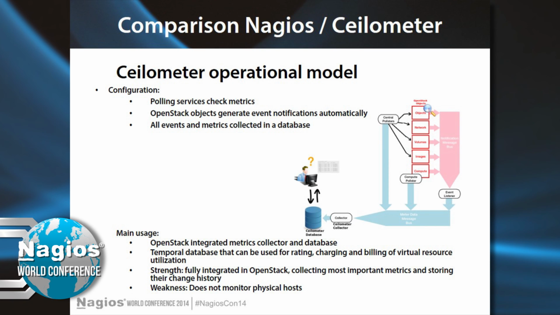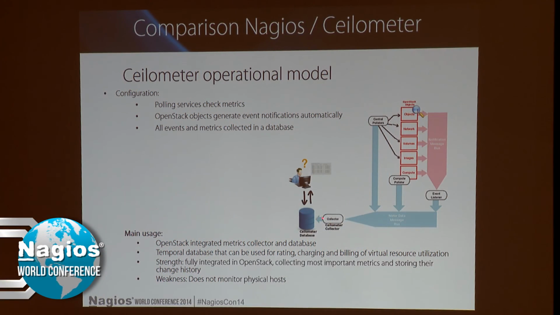Now, the Ceilometer tool pulls the OpenStack components through their APIs, collects all the data, and gathers it in a Ceilometer database. It's basically a metrics collector or a usage collector.